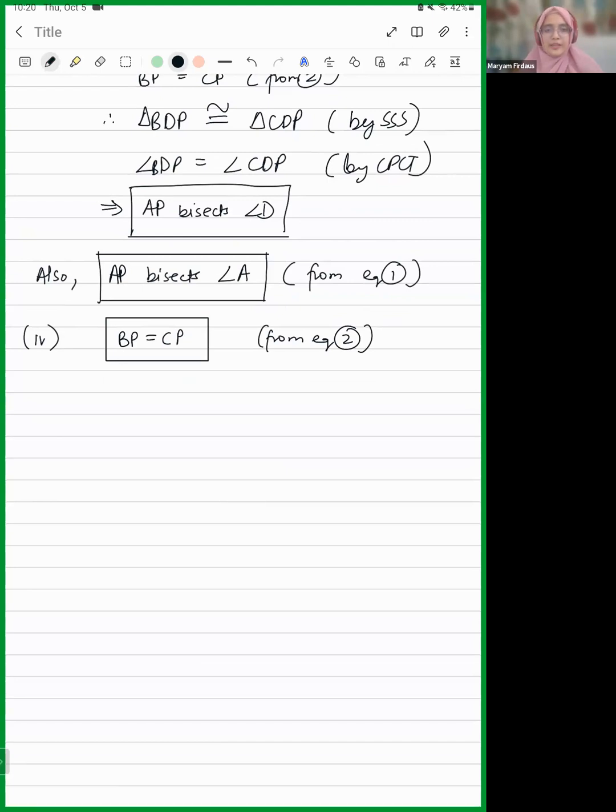You said you want to revise this chapter. So what precisely do you want to revise? Because this chapter is pretty huge and we spent a lot of classes on this. So I don't think it will be suitable to go through every single thing again. Just tell me if there's anything that you have a doubt in.